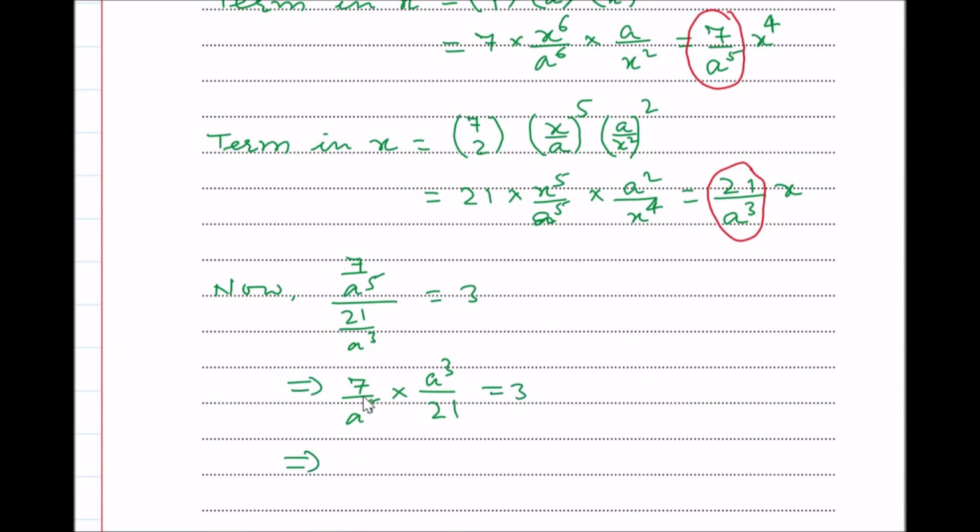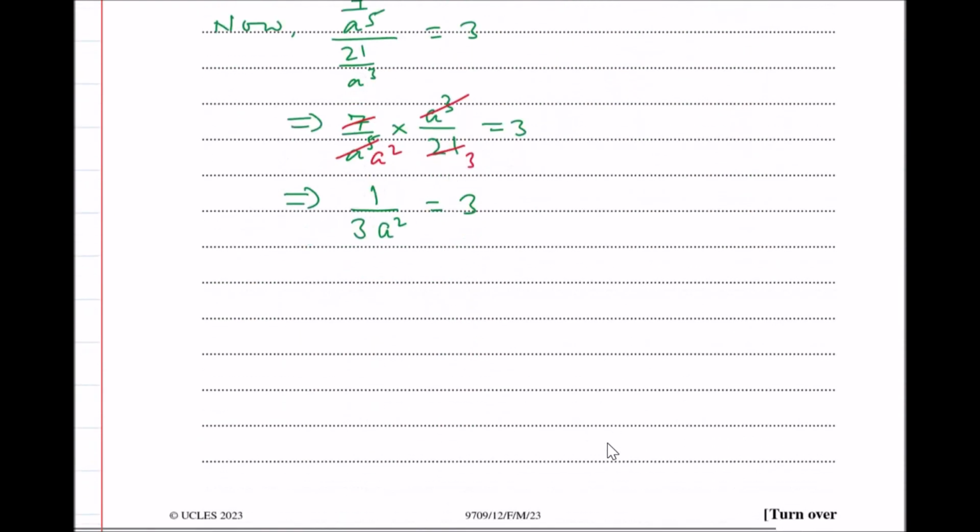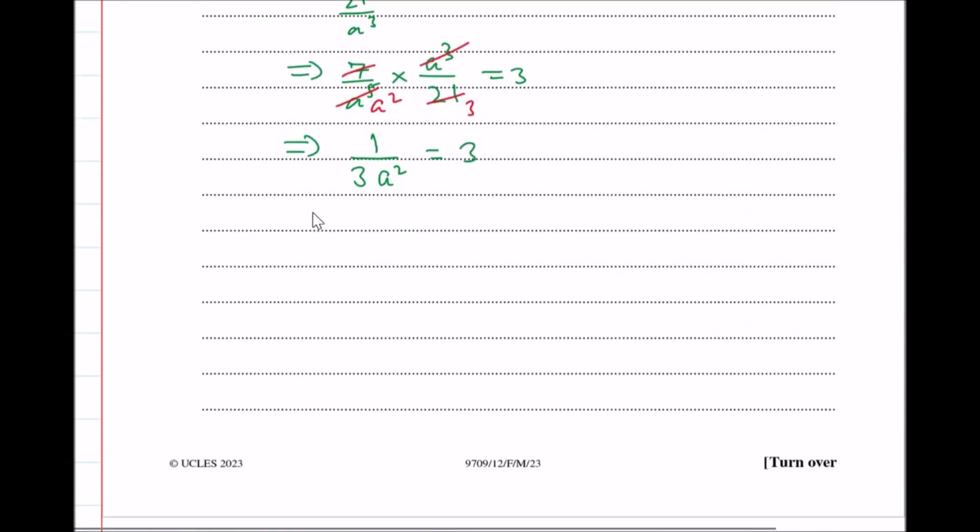Let us simplify this now. Here 7 threes are 21. And here a cube, this is a square, right? So we can write 1 by 3a² is equal to 3. So that gives us 9a² is equal to 1.